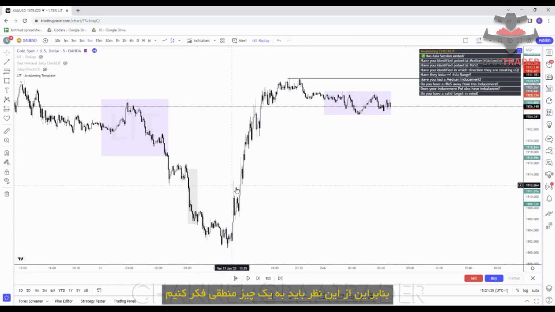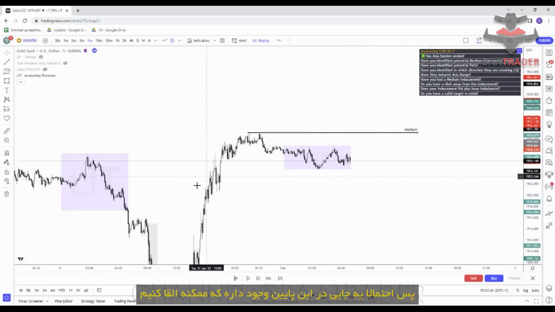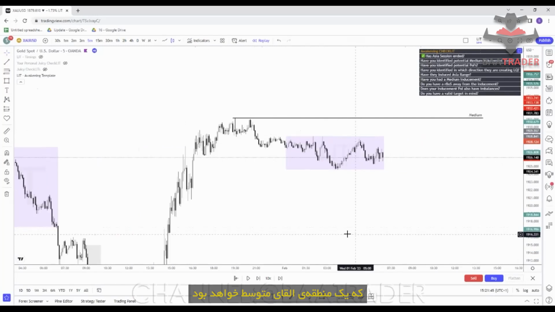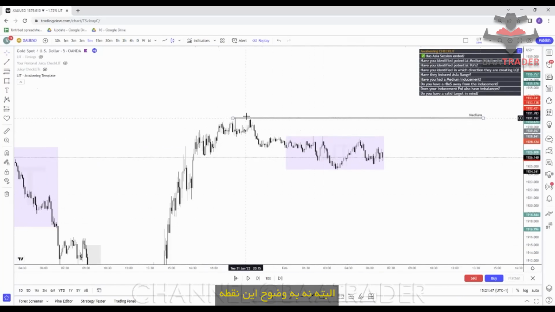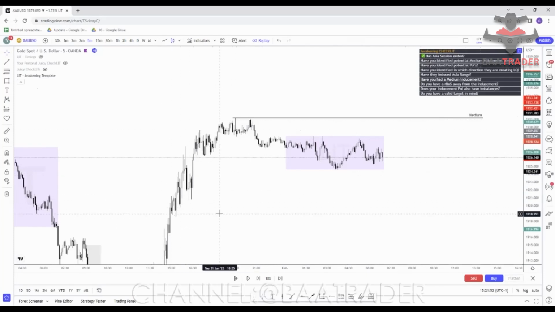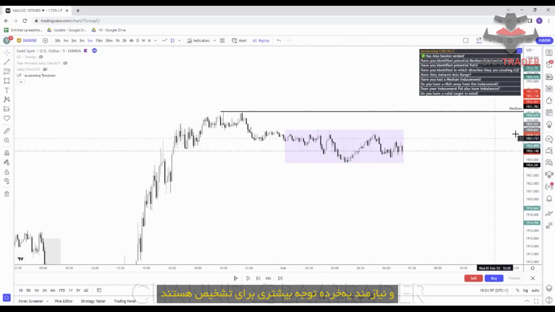So we need to think of something reasonable when it comes to maybe a potential continuation at least till this point. Likelihood is somewhere down here we may induce, which will be a medium inducement zone. Not as clear as this point, which, as you can see, is this high over here. When it comes to these areas, they are medium. They just require a little bit more detail, or should I say attention.